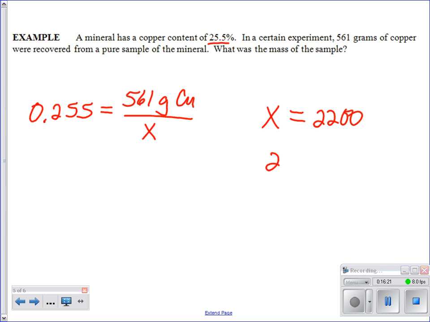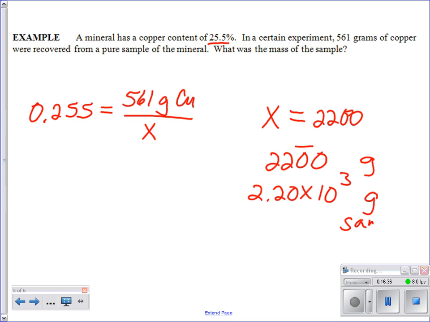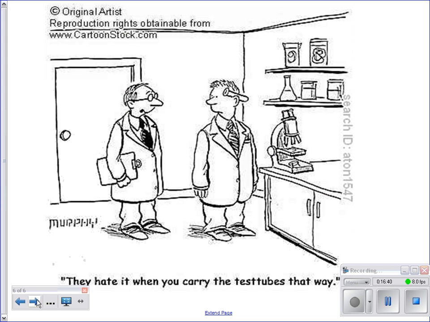Okay, so let's do that. That's easy enough. We have just made that 0 significant. And then yesterday we also talked about how this is another way that you could have reported it. And then we want to make sure that we say it's grams of the whole entire sample. Okay, and that is all we have. So nice job.